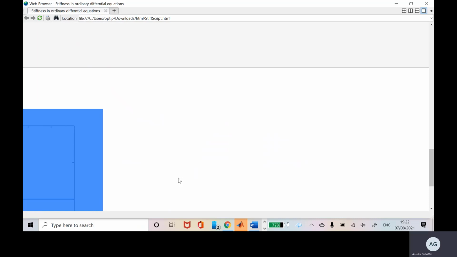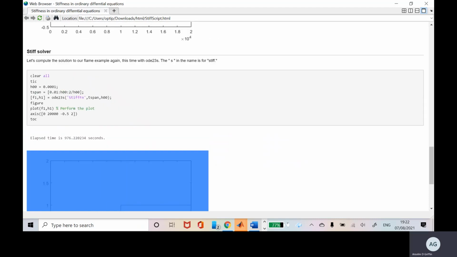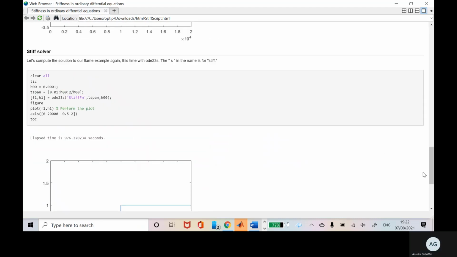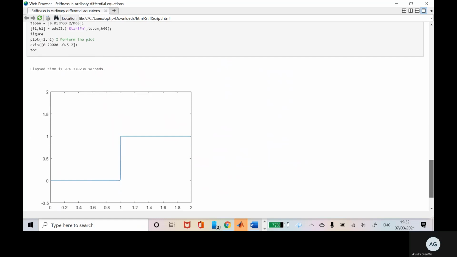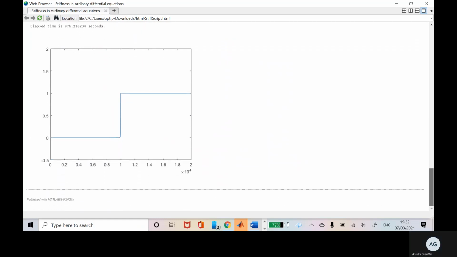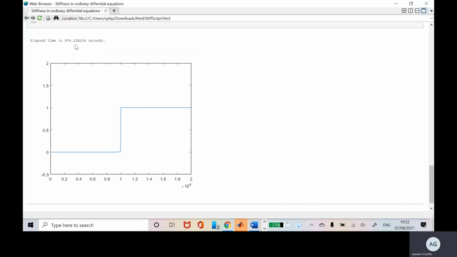There we are. And the elapsed time there was 976 seconds. Now, that'd be down about 25%. Now, not that much quicker, but still quicker than the ODE45 method.